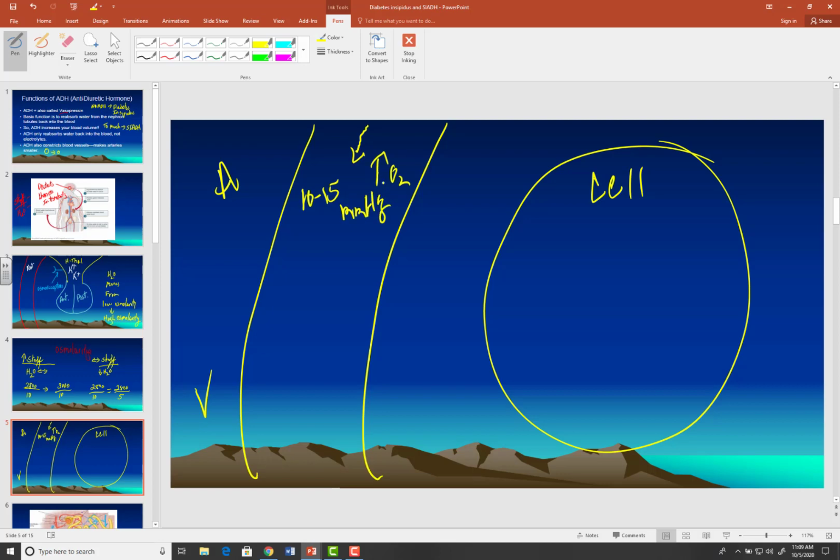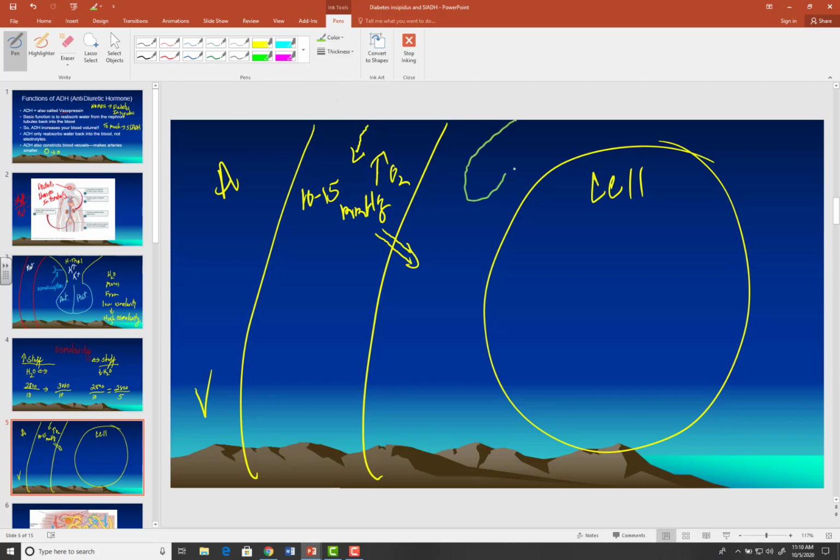So what happens is this pressure of the plasma of the blood on the capillary wall tends to force fluid out of the capillary and into the interstitial space.